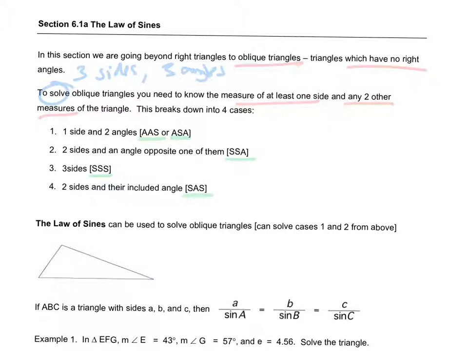The law of sines is a relationship between angles and sides that can be used to solve oblique triangles, in particular cases 1 and 2.